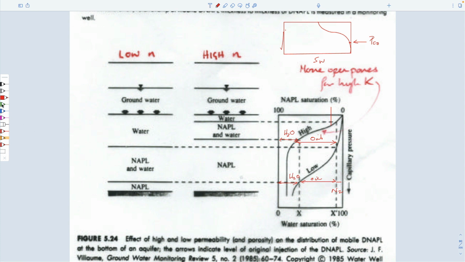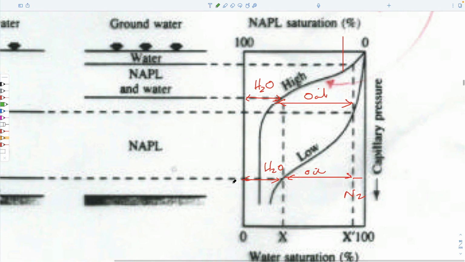And so if I draw the saturations for the low permeability at this height, the saturation of the low permeability one would be H2O and air. Air is mainly nitrogen, right? Not oxygen.